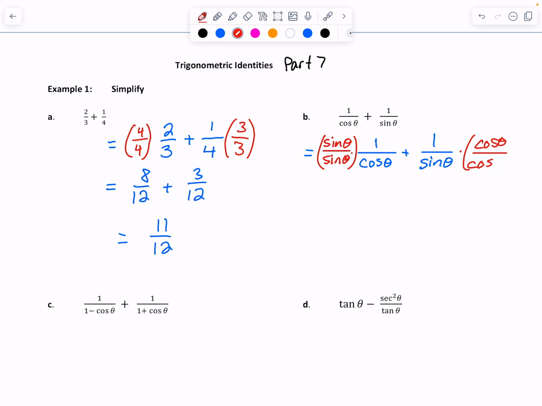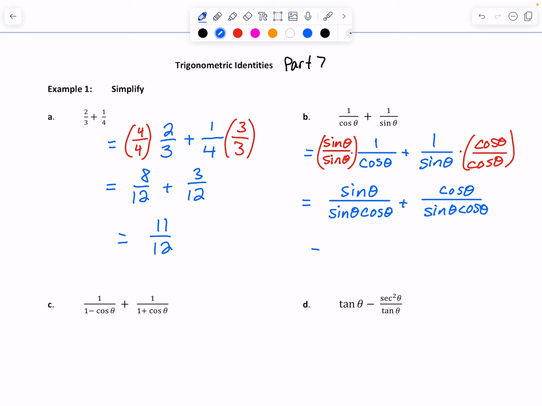All right, so we have that. And when I multiply now, I get sine theta over sine theta cosine theta plus cosine theta on the second one over sine theta cosine theta.